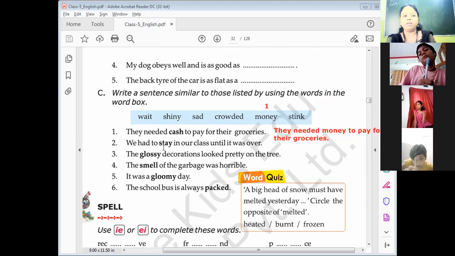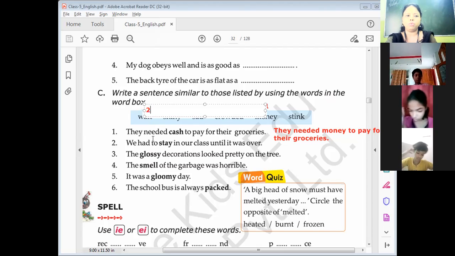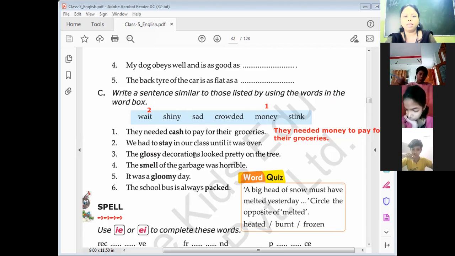Understand? Next is we had to stay in our class until it was over. So stay means wait. Number 2. The glossy decoration looked pretty on the tree. Glossy means shiny. The smell of the garbage was horrible.